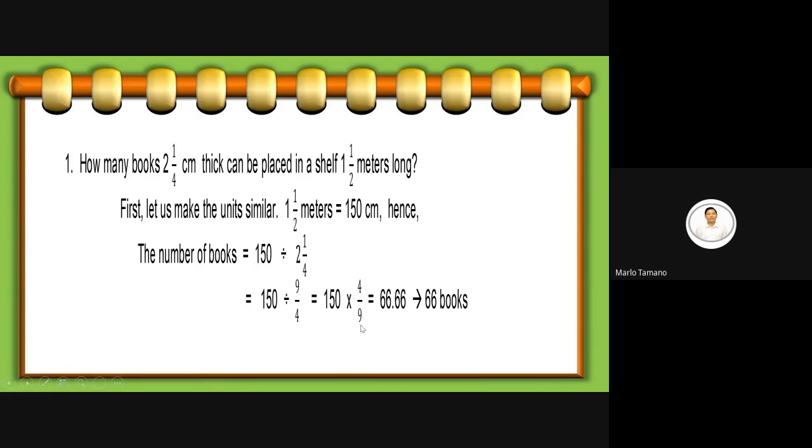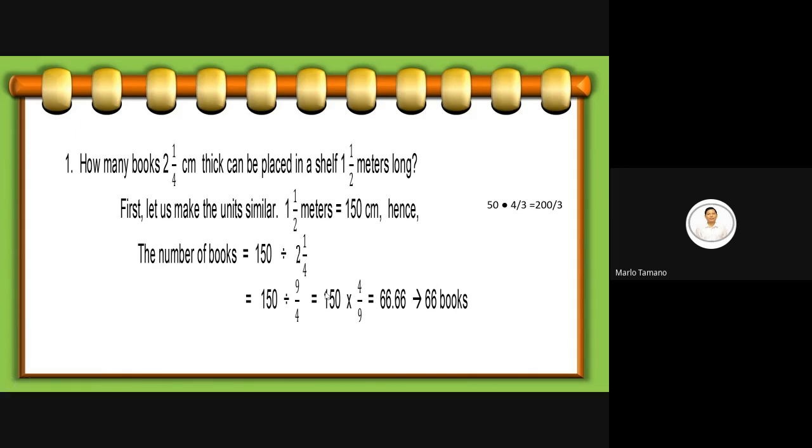Okay? Pwede bang paliitin yan? Yes, pwede po. Yung 50 times 4 over 3. Paano nangyari yung 50 po? Okay? So, i-cancel po natin yung 150 at saka yung 9. So, how many 3 do we have from the 150?